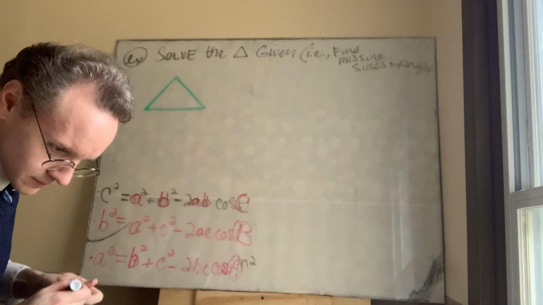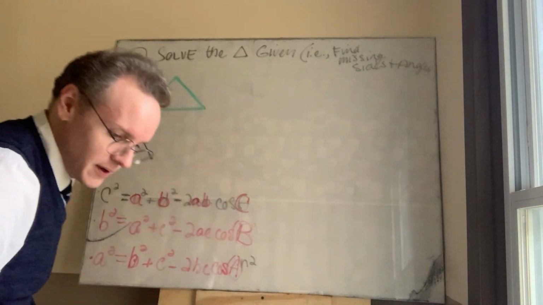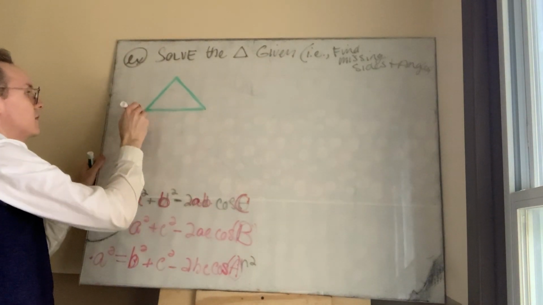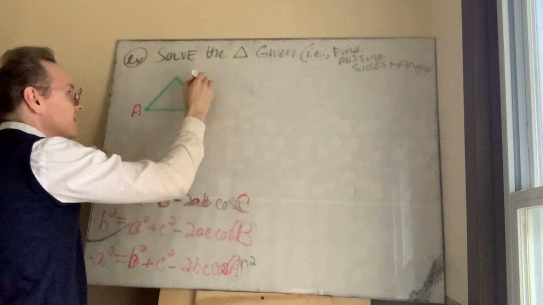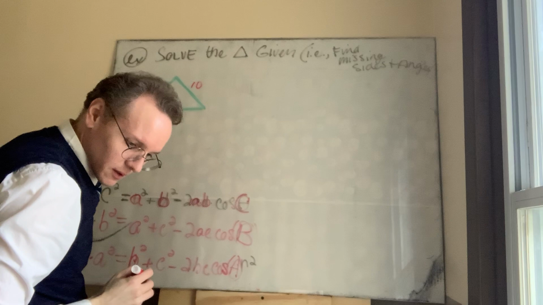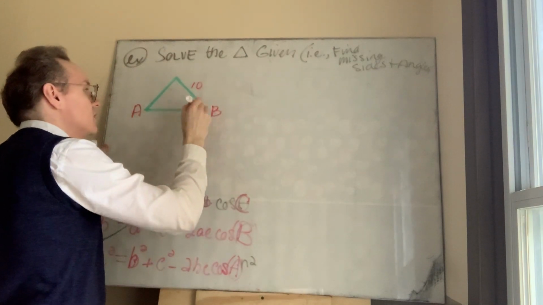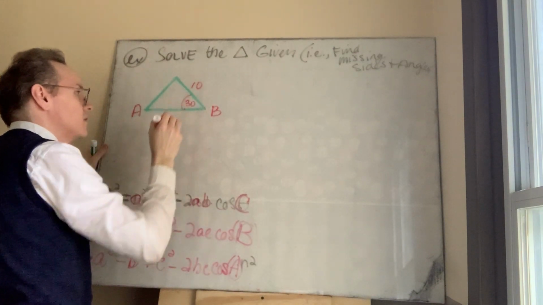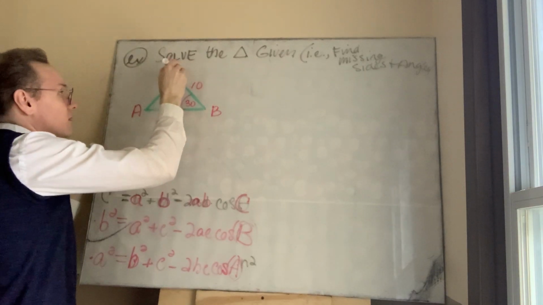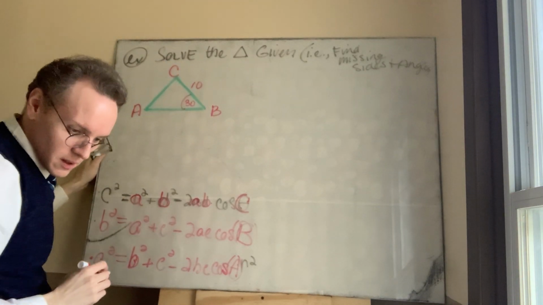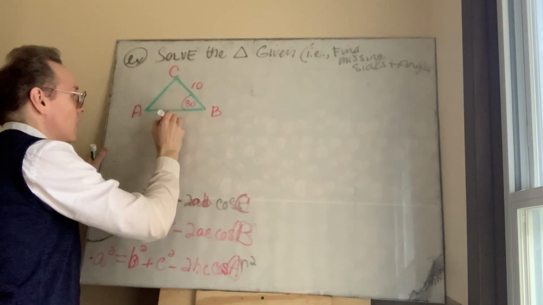So if we have an angle here, and they just simply write 10 here, and then an angle here that is actually written, that's 30 degrees, and this is a third angle, and this is written as 12.